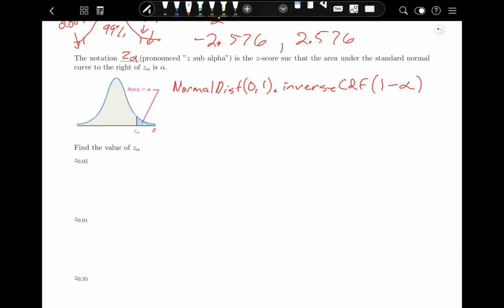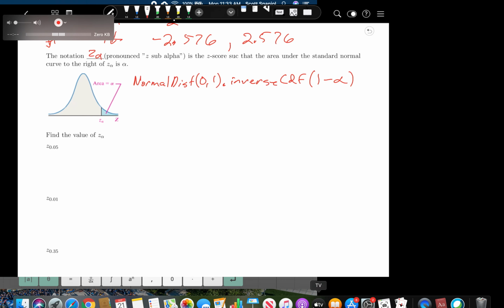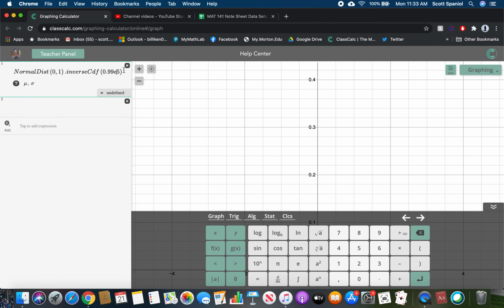So if I wanted to find Z sub 0.05, I would do exactly what we were doing here, except I would put in 1 minus 0.05. And it would tell me that Z sub alpha is 1.645.